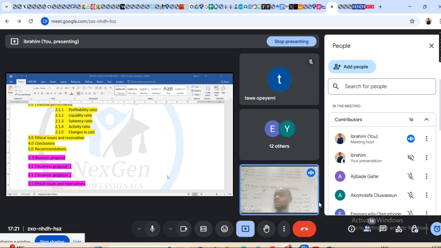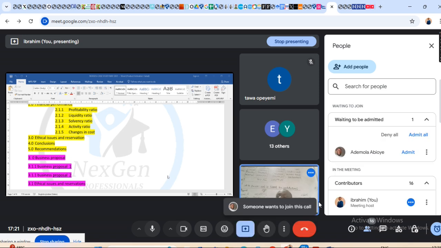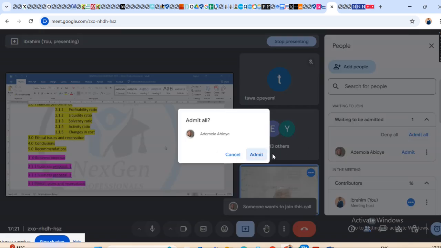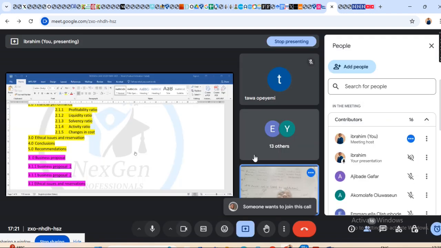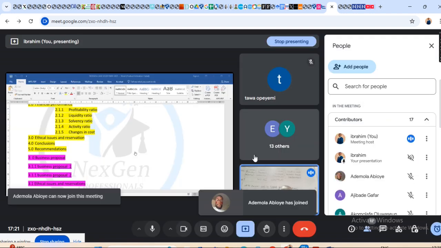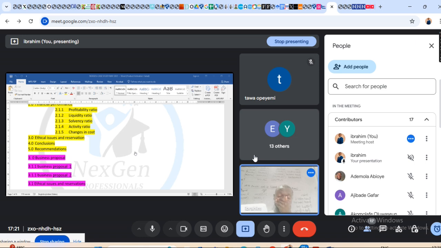Then at the back of your answer booklet will be your appendix, right? Your plan will come at the back of your answer booklet. You cross it because it is not part of your report. It's just like a guide.